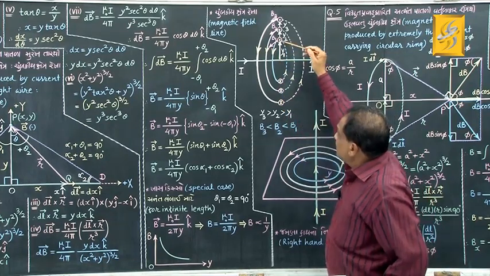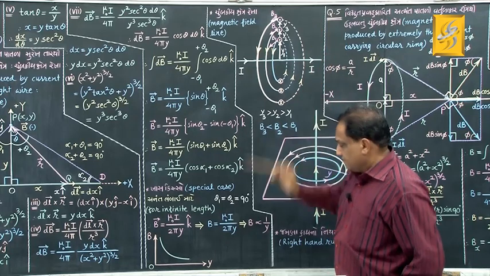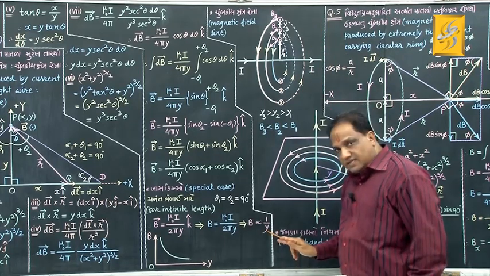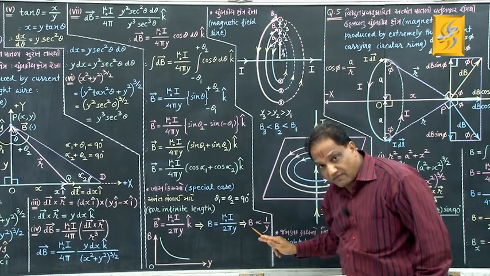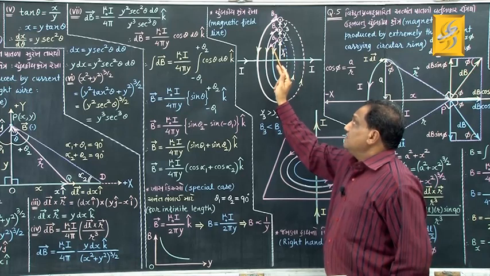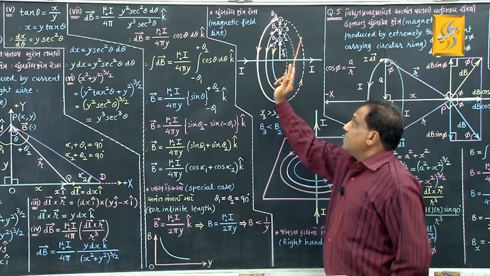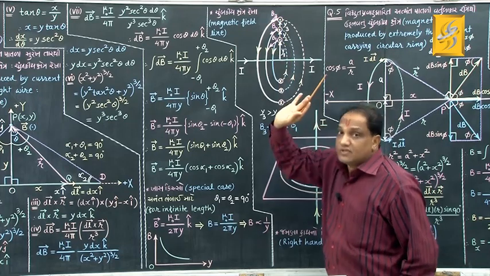This radius I am taking as y1, this radius is y2, this radius is y3. Now as distance y increases, the magnitude of magnetic field will decrease. That's why, compared to this tangent, the length of this tangent is less. Compared to this tangent, the length of this tangent is less, okay?